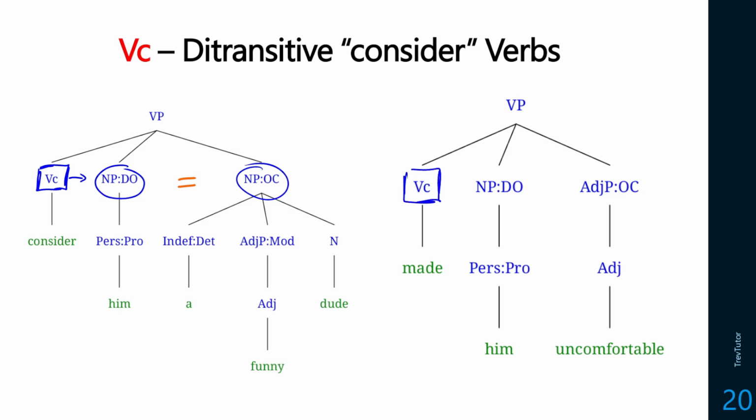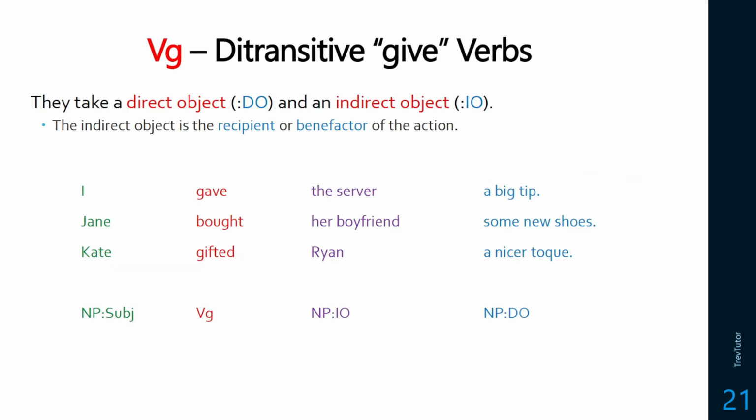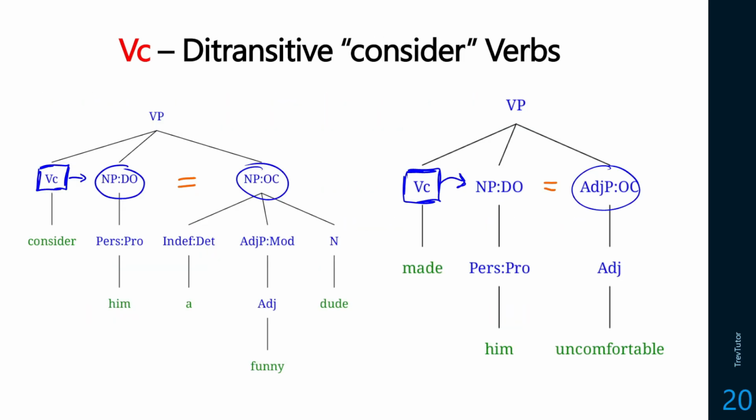Made is the verb. It's acting on him, the direct object, and then it's being equal to the object complement. So him equals uncomfortable. So we see these as sisters in trees. And that's what we've got for consider verbs. So they're going to take this form, X considers Y to be Z.